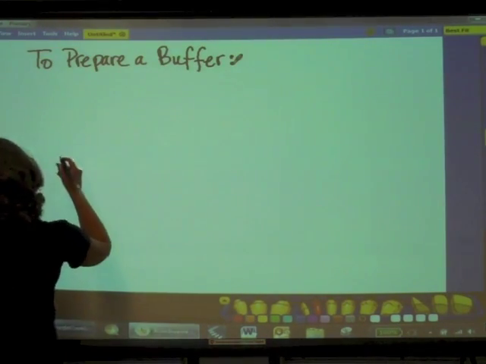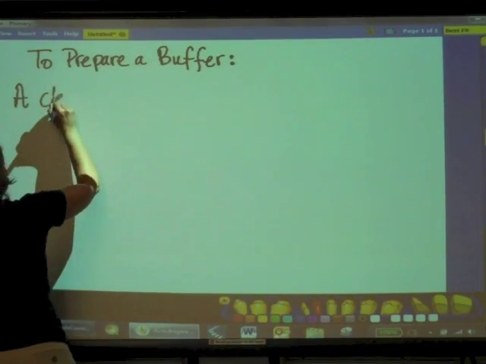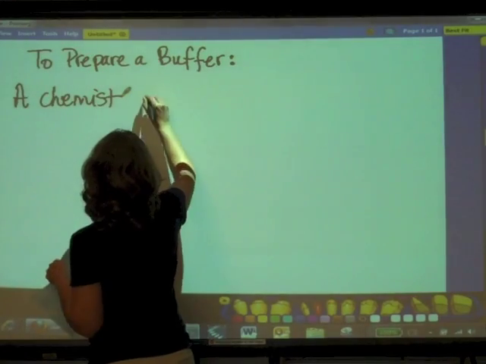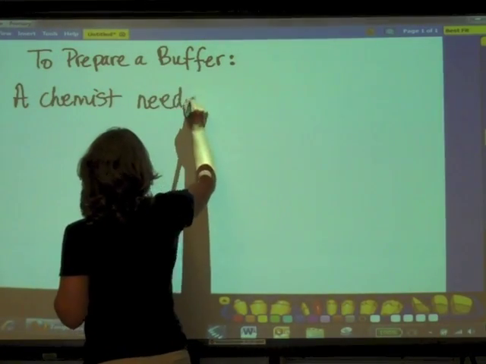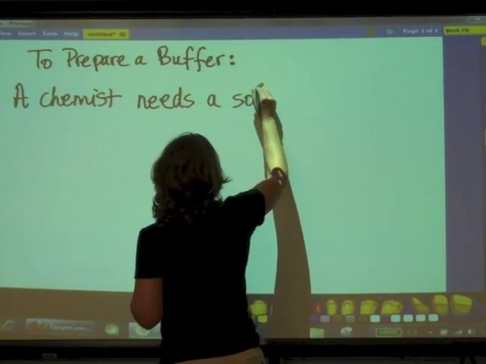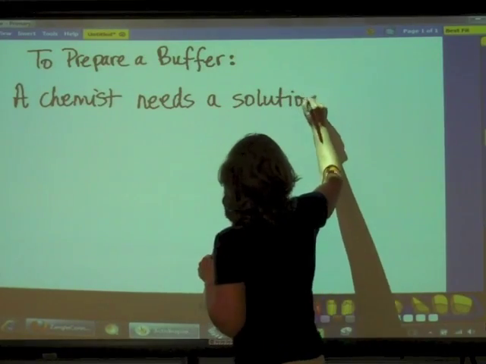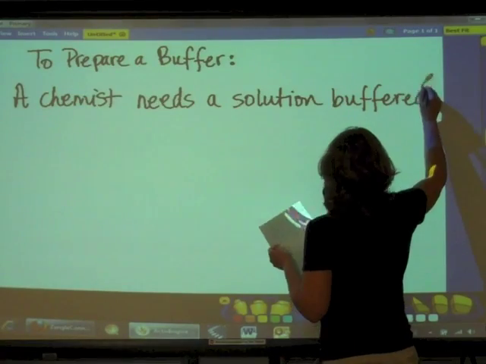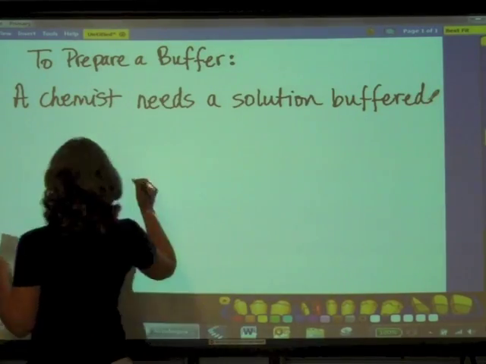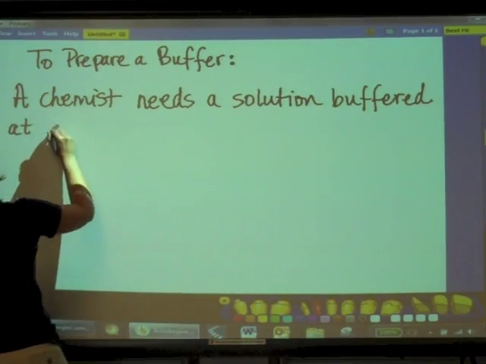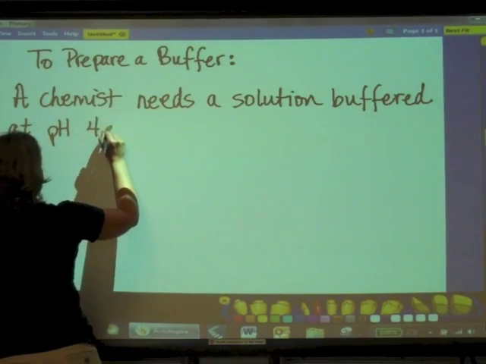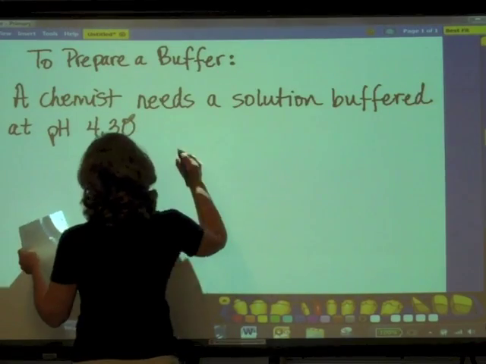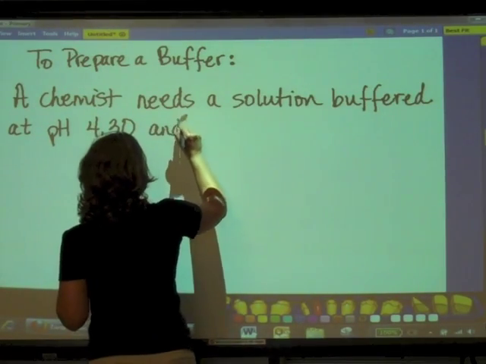Okay, so a chemist needs a solution buffered at pH 4.30. And can choose from the following acids.